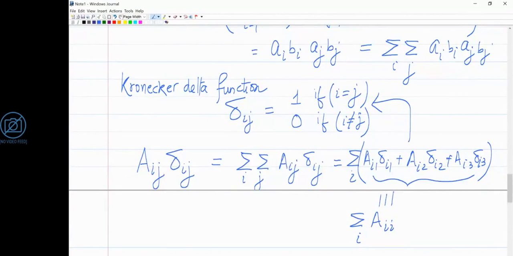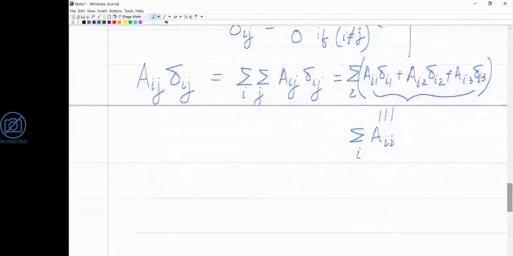You're not saying anything. Does it mean you're not understanding? Yes, understanding, sir. What about Saurav? Are you able to understand this? Sir, I have one question. Here a_ij delta_ij will consist of 9 terms.